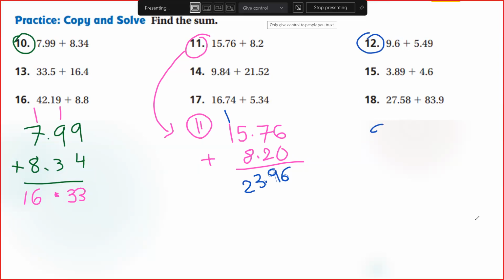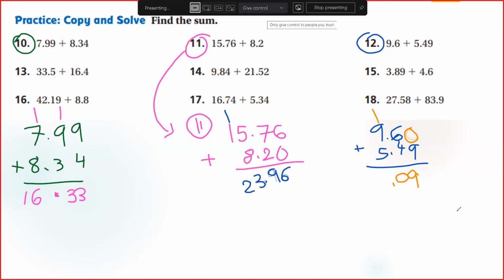Number 12. 9.6 plus 5.49. I want you to solve number 12. Okay. Here we added 0. Yalla, continue now. Nine. Bravo.